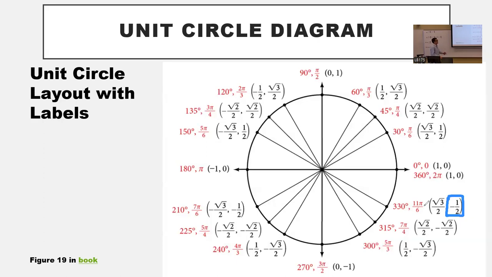That would be negative pi over 6 in the clockwise direction. Since I want my angle to be between negative pi over 2 and positive pi over 2, it's going to be a negative pi over 6.